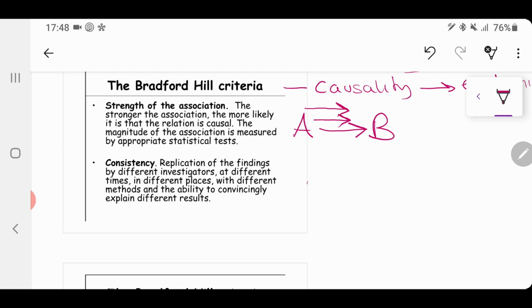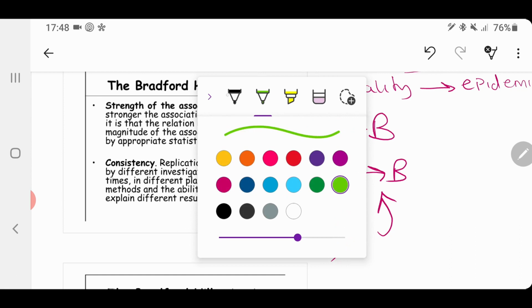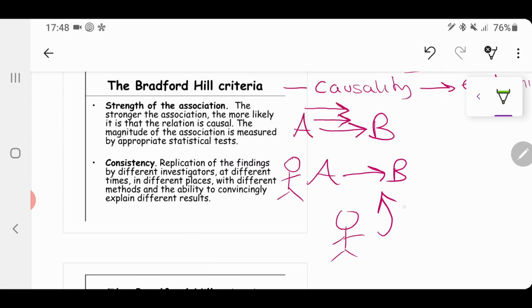So if you found there was an association between A and B, someone else should be able to determine if that is the case, and they should get the same outcome as well. It should be consistent with other people.